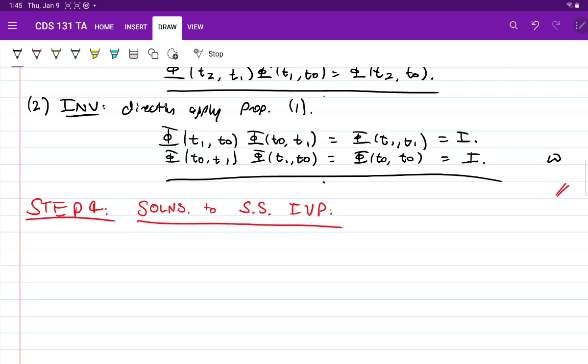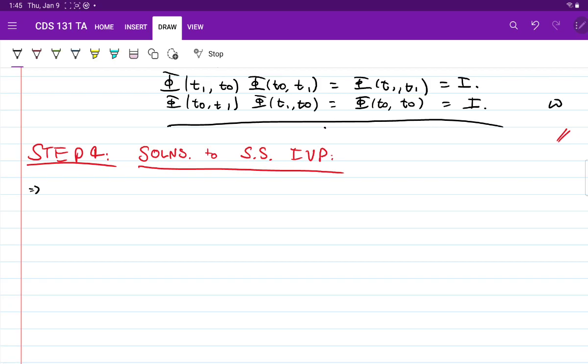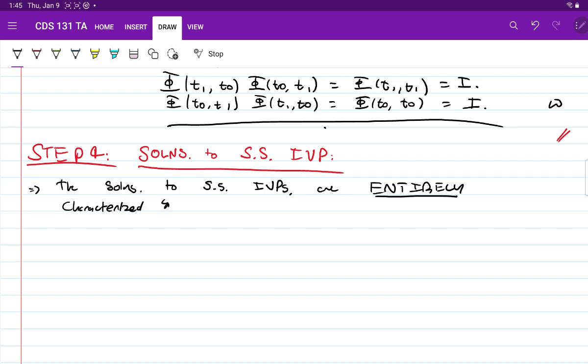Now the amazing thing is that the solutions to state space initial value problems are entirely characterized by the state transition matrix.